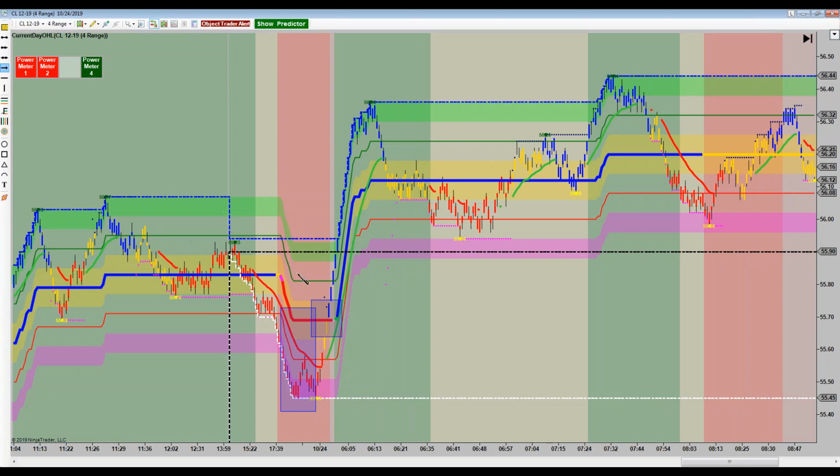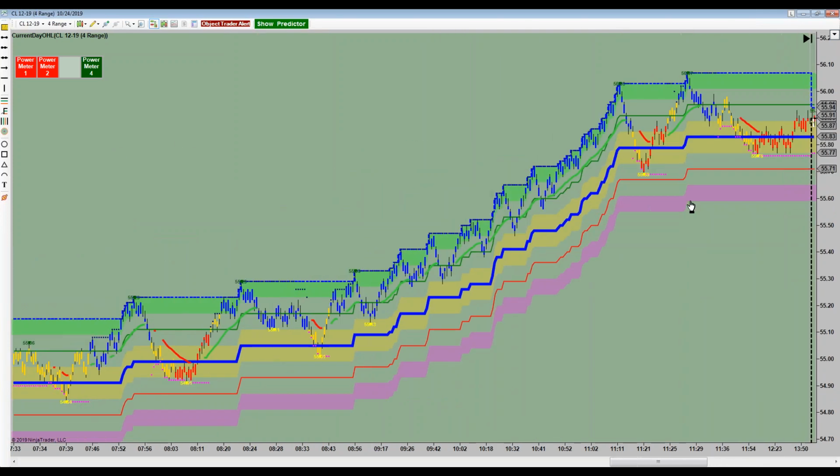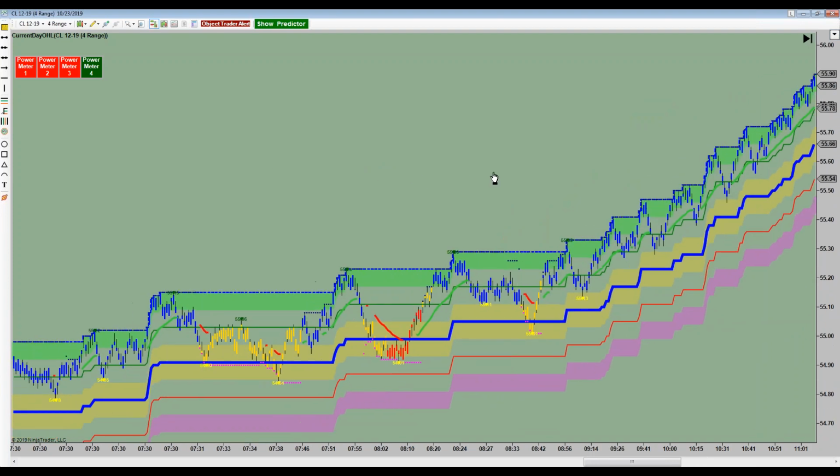Let's go back and look at yesterday. There you go, like that. Like I said, I'm not sure exactly where he got in, but this ran from here to here, 55.70 to 57. That's like a 60, 70 tick move. So let's go back and look at yesterday, the 23rd. See how it just went up all day long? Look at that. 54.80 all the way up to 56.